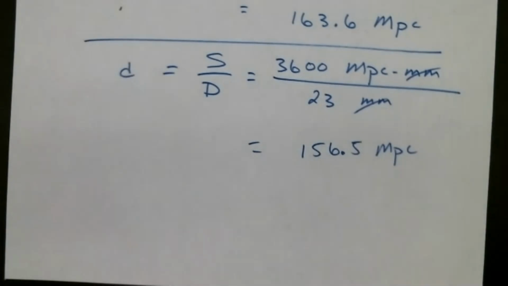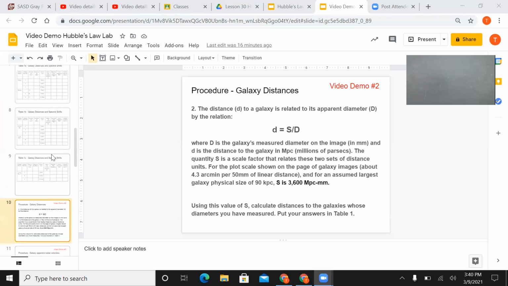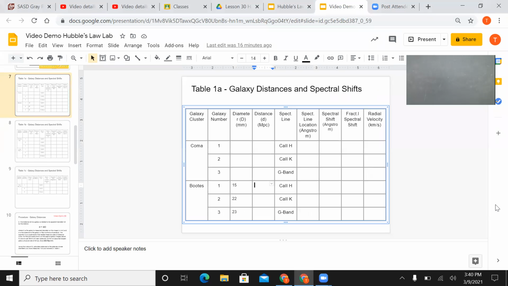All right, so then I'm going to record that in the data table. And our data table is back on a previous slide. So our first one, what we got was 240. I do not have to put the units in the data table because we have them up here.